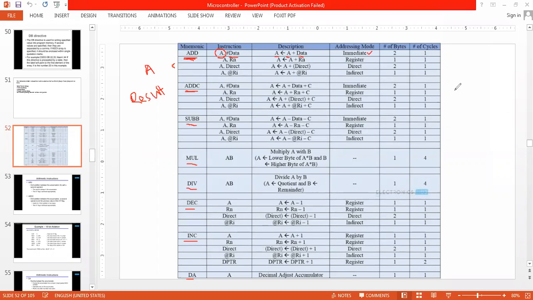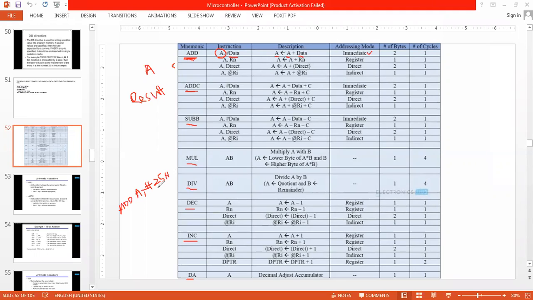Say for an example, I will write it here: ADD A, #25h.